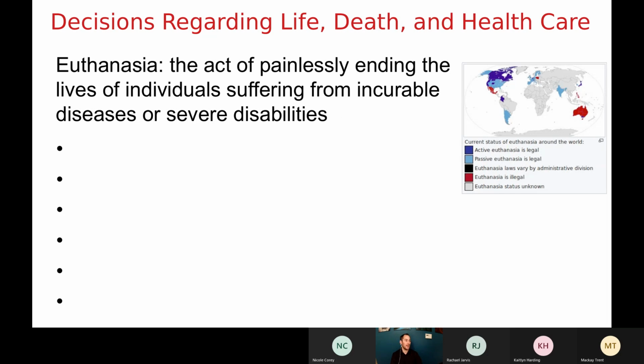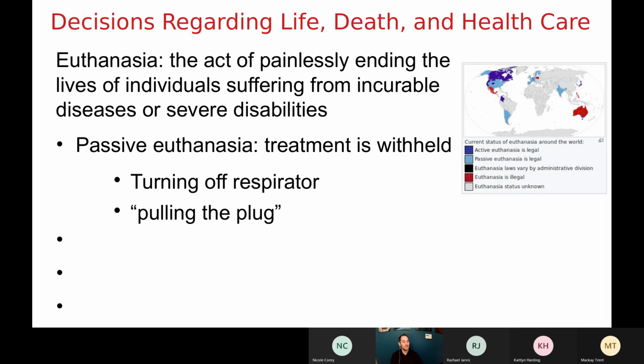Then I learned in adolescence that that's not what it was at all, that it's one word, and the definition of that is the act of painlessly ending the lives of an individual suffering from an incurable disease or severe disabilities. So very different than what I thought. I didn't pick up on the context clues when I was younger. I'm curious if anybody else had that experience. A little embarrassing, but also a little bit funny.